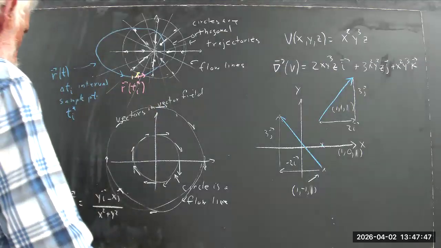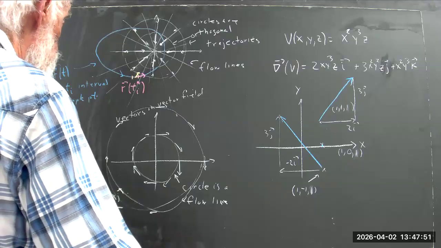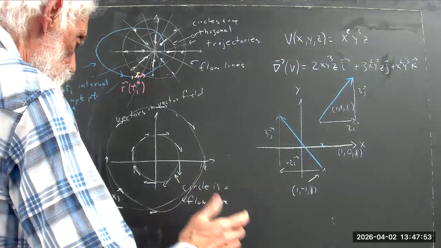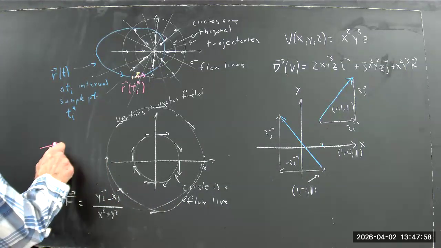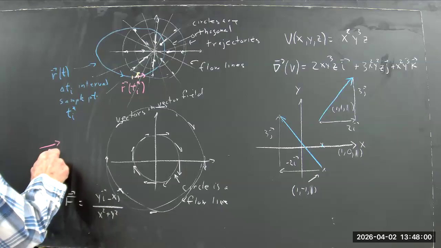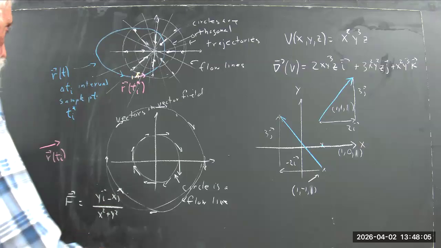So on this interval, you have your R of ti.